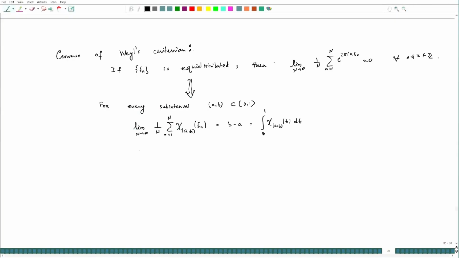Now, if I have a continuous function and I want to look at the integral of that, then look at the Riemann prescription, how we do it. We take the lower sum and the upper sum, and where they converge, that is what the integral is.